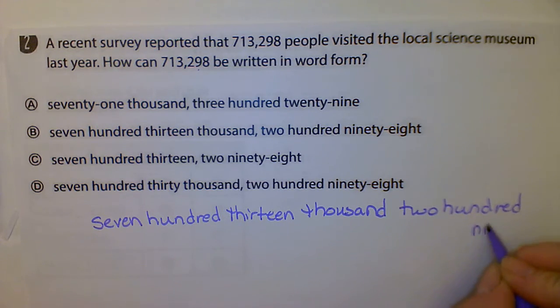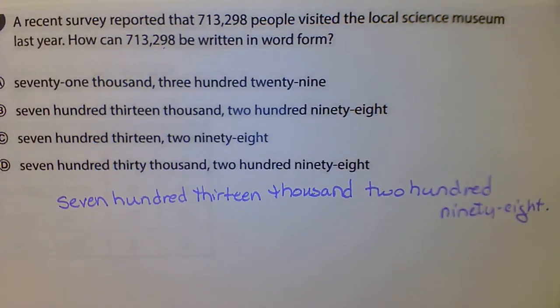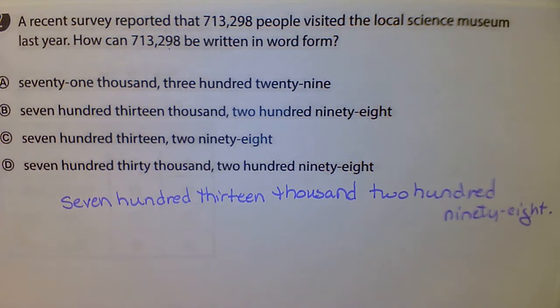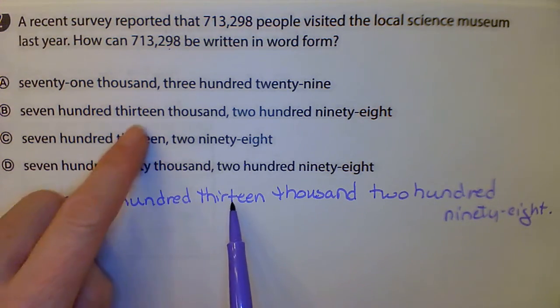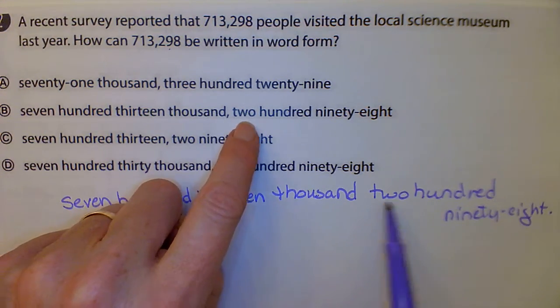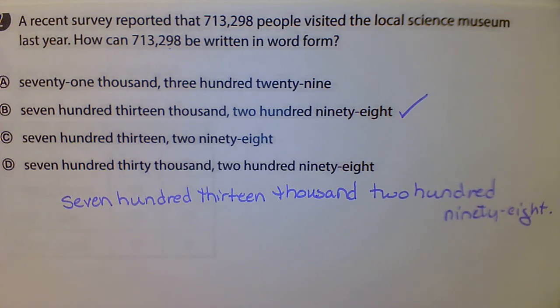I'm going to squeeze it in here. Okay, so it barely fit. So now I can just see which one matches. So 71,000, definitely not going to work. 713,298. That's a match.